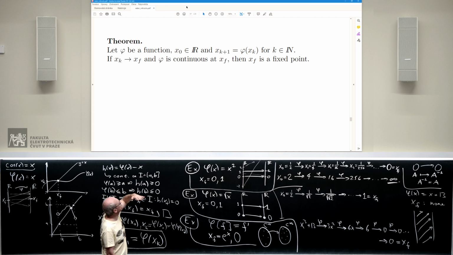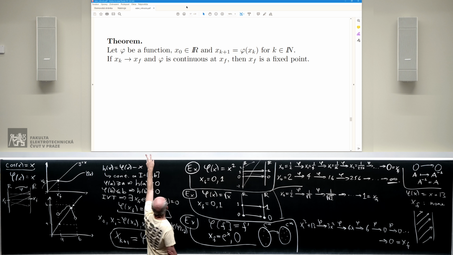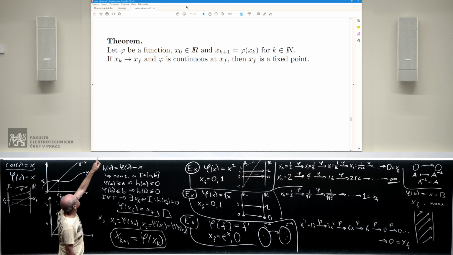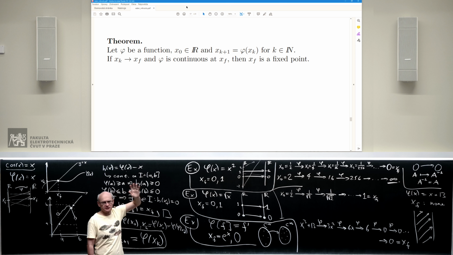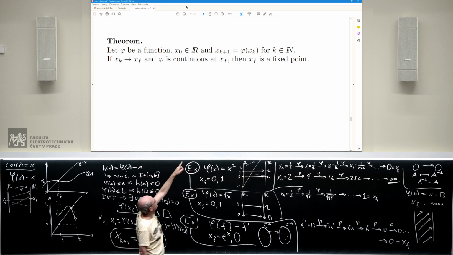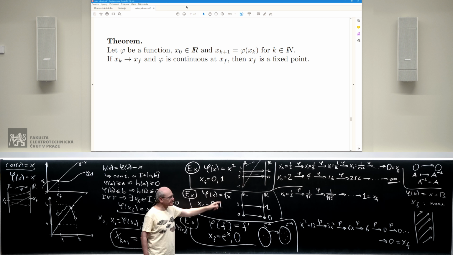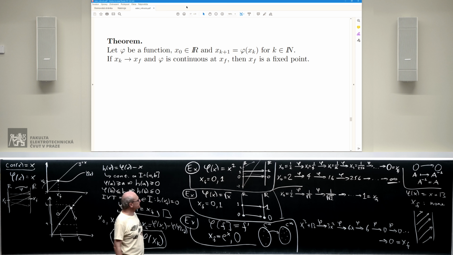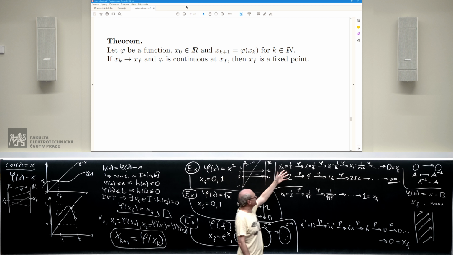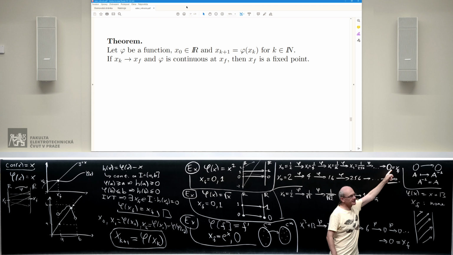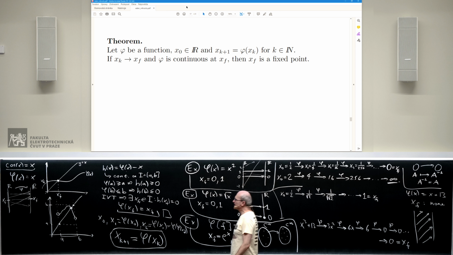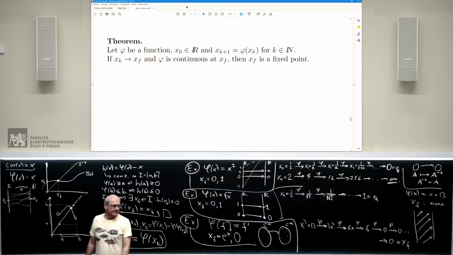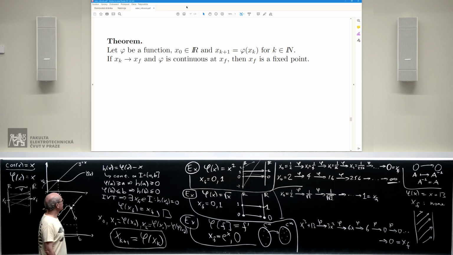So we have a sequence which was generated, and if this sequence converges to some point x_f, and if phi is continuous, again continuity crucial, then we actually found a fixed point.